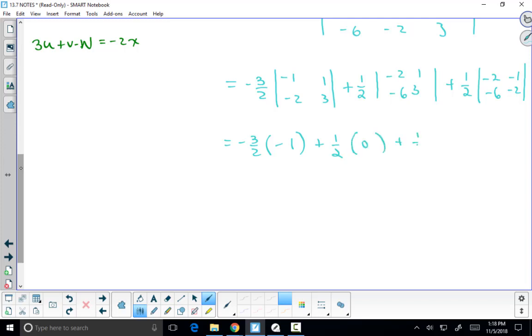And then +1/2. This is +4 minus 6. +4 minus 6 is -2. Let's go down below, I guess. So then our Jacobian value is 3/2 minus 1, so it's +1/2. Nice.